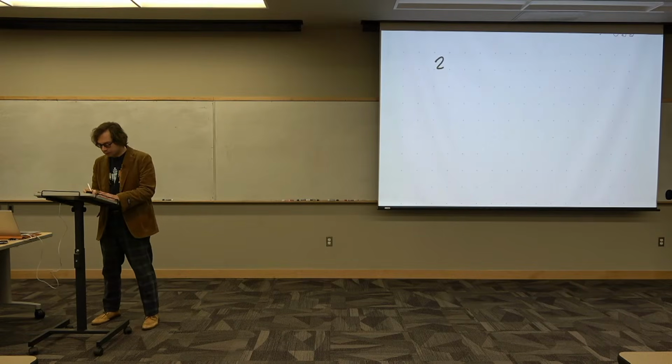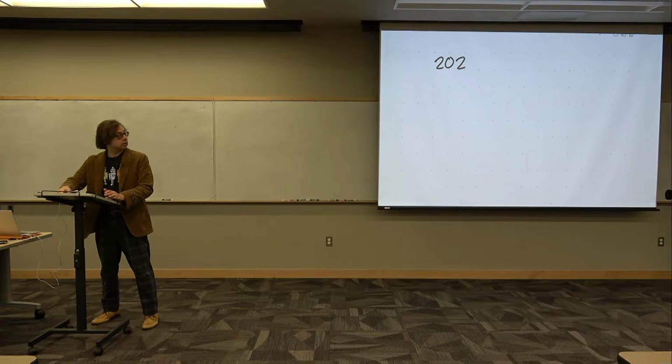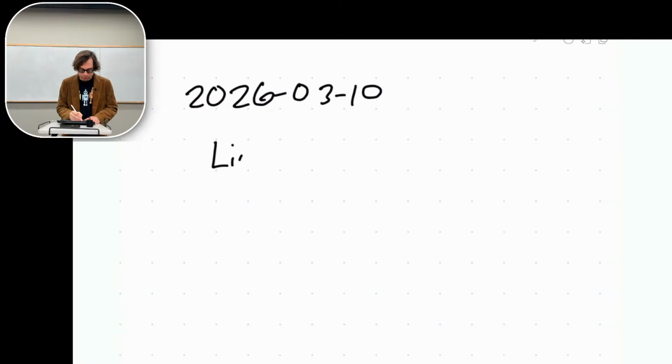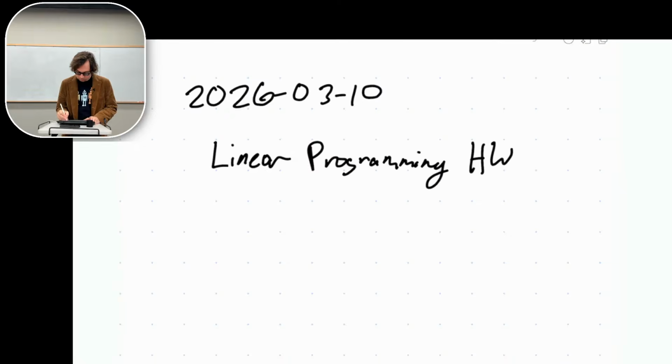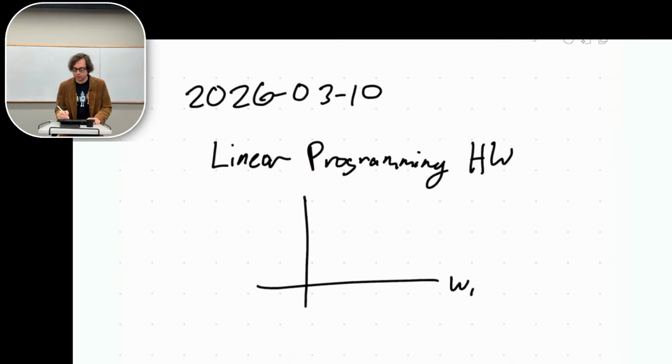Just a little bit of background today. For your homework, you're doing a lot of linear programming. You're looking at a plot where you have some decision variable W1, some decision variable W2, or X1 or X2 or whatever.